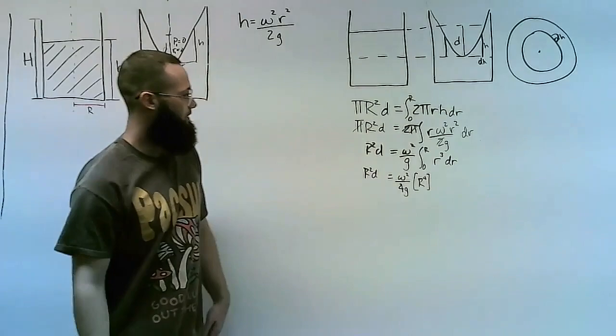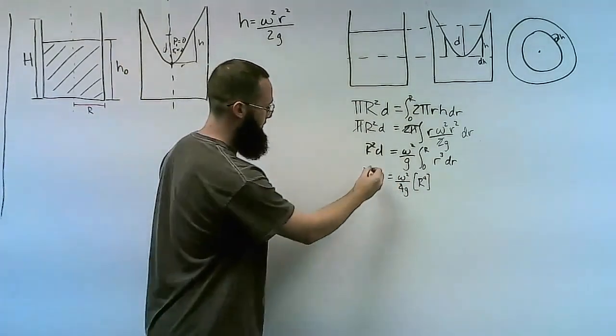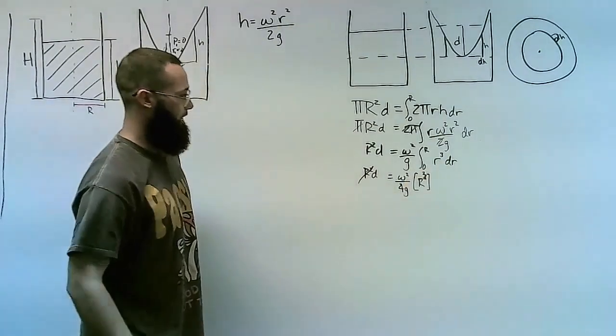And that's what we're left with. As you can see here, we have an R squared on both sides that can cancel, which leaves us with R squared on the right.